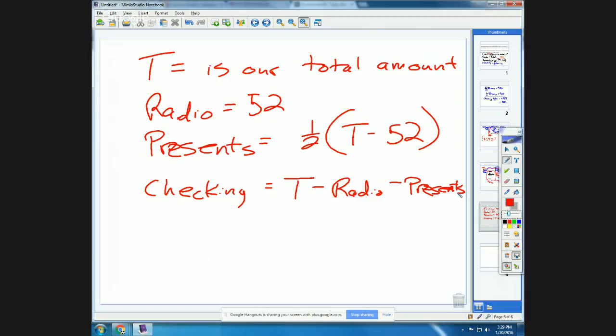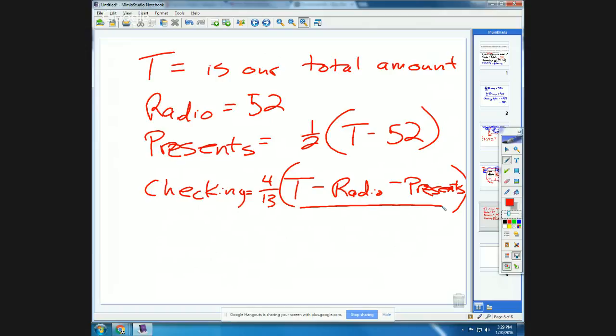True? Okay. And then we want to take some fraction of this remaining portion there. Move the equal sign over a little bit. And I believe the fraction was 4/13. So we need to take 4/13 of what's left after doing the radio and the presents. So this has to be the remaining amount after radio and presents.